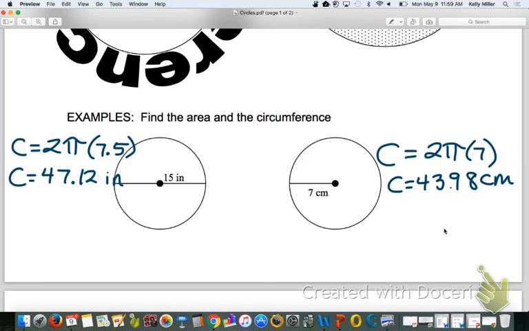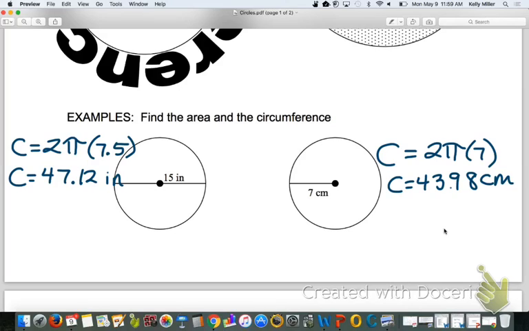All right, so what does circumference technically mean? The distance around the circle, right?